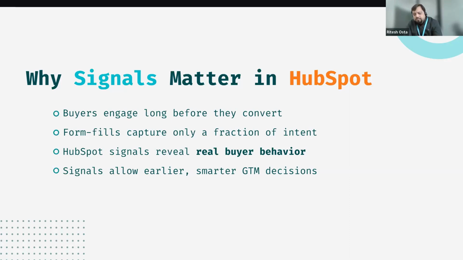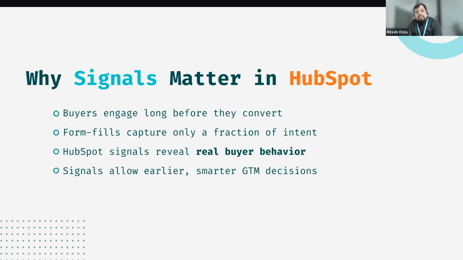Typically, if somebody fills up the form, it comes down to your HubSpot and then we start tracking them. This is a typical inbound CRM activity, which is still in HubSpot, but it is very limited. It does not reveal the real buyer behavior. And I'll give you examples of this in this session.